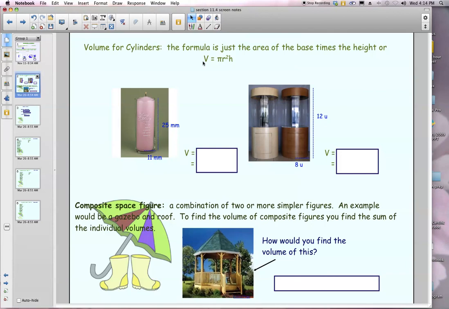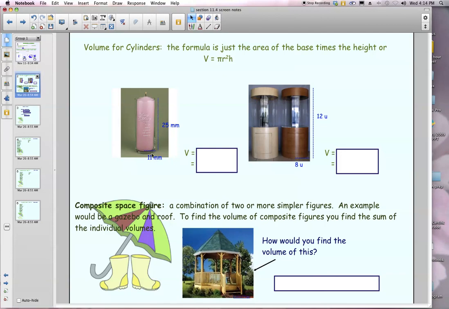In terms of cylinders, we know that the area of our base is a circle, and so we're going to use pi r squared for that area. So we will take pi r squared times h to get the volume of a cylinder. Notice we only need 2 values again, the radius of the base and the height of the cylinder.